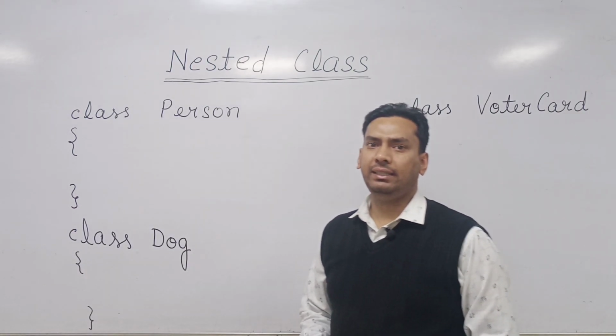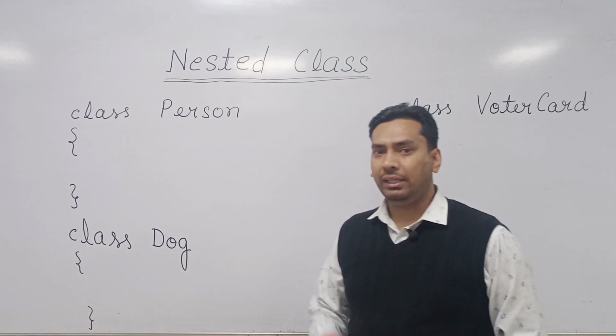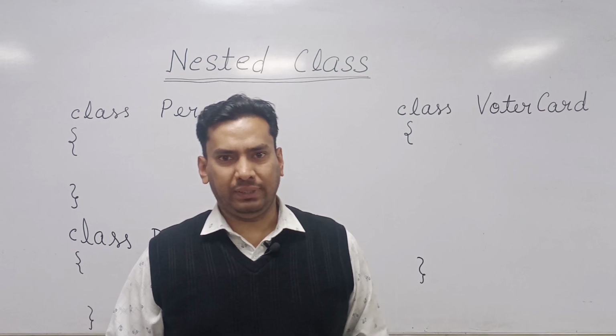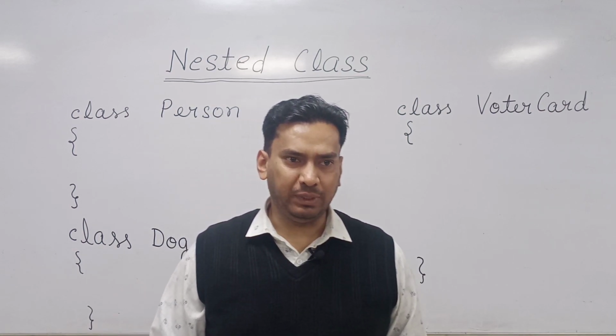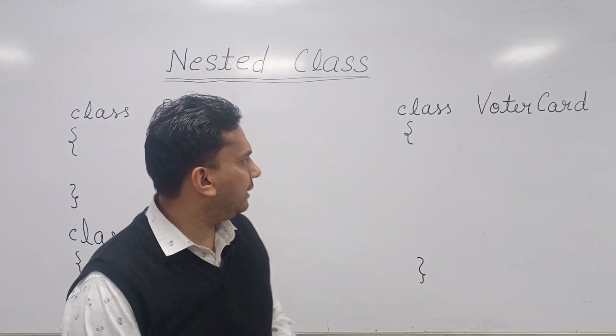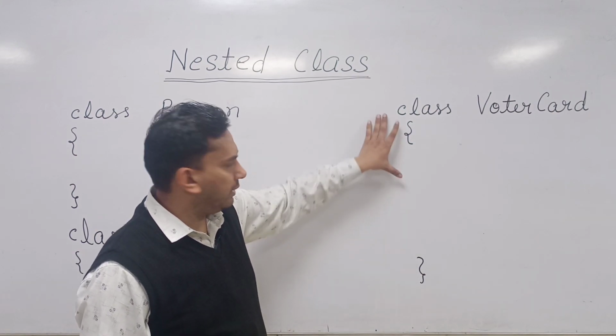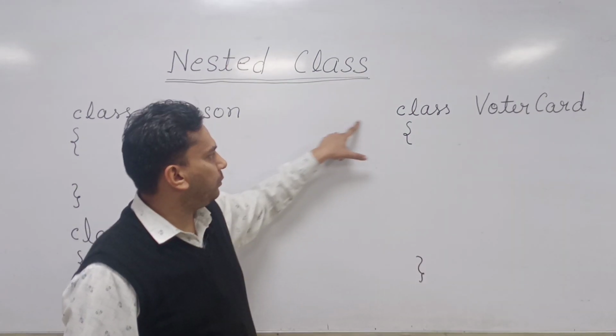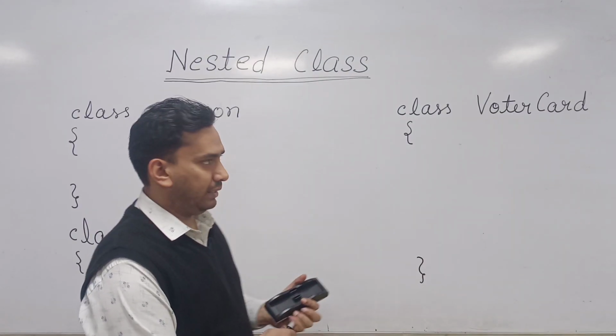The second reason for creating a nested class is effective use of private and protected access modifiers. What is the meaning of this? I hope you are aware that if you are creating a normal class, you cannot use the private or protected access modifiers with the class.